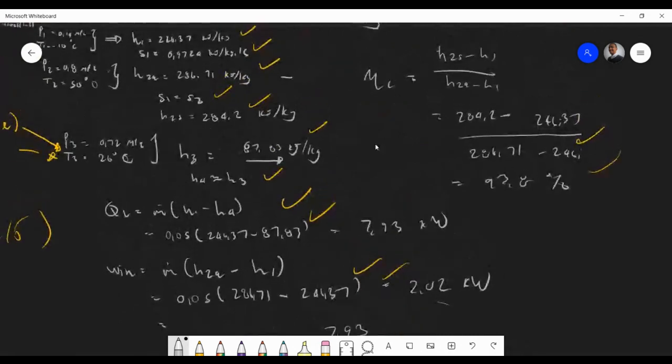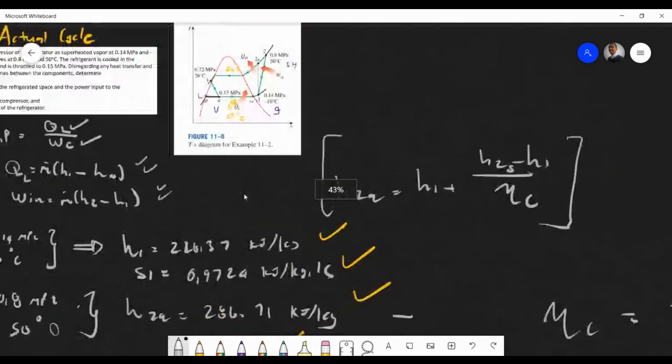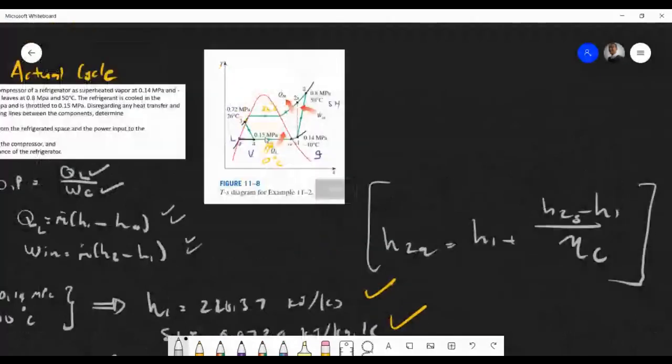So guys, be aware of how to find the quality of the refrigerant, because it will pop up and will definitely arise. Okay.